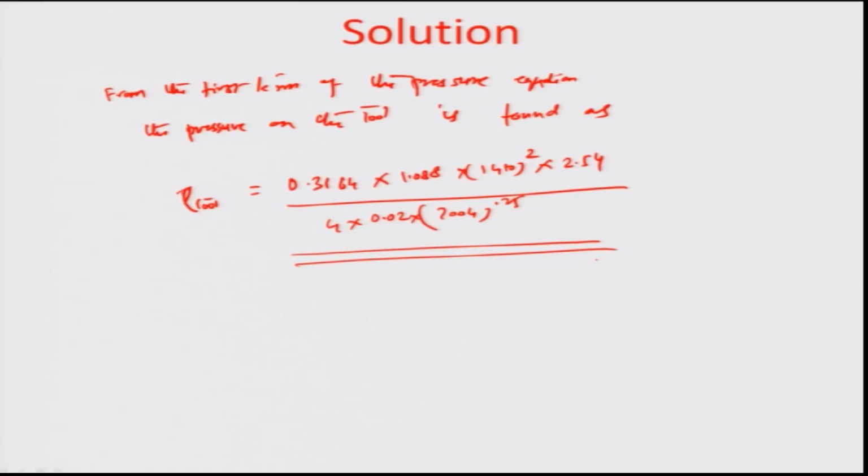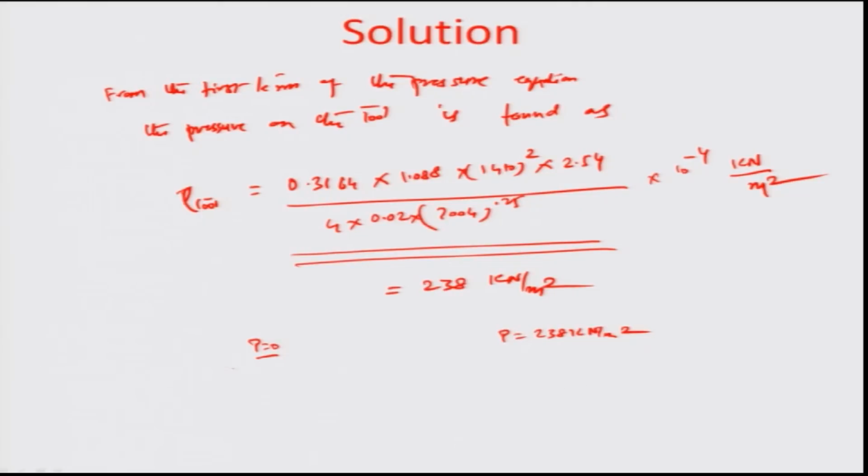And this again, if you want to convert into kilonewton per meter square, you have to multiply it by 10 to the power of -4. So, in this case it is about 238 kilonewton per meter square, and the force acting on the tool face, if we assume there is a linear pressure drop, is as follows. When the electrolyte has just entered, the pressure applied is obviously 0, and on the other side it is a full 238 kilonewton per meter square.